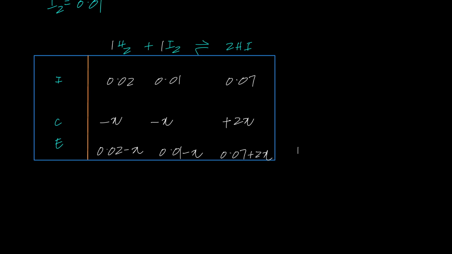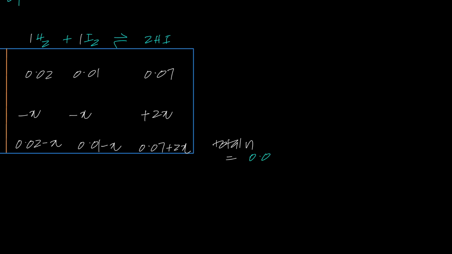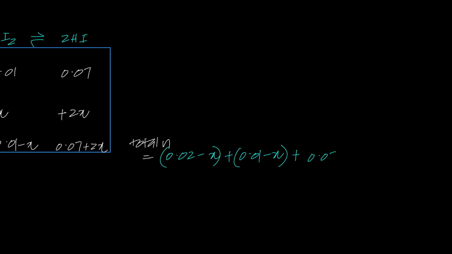How many total moles do you have? Don't worry. Just keep on doing the question. Don't lower your weapons. You know the method. You'll reach somewhere. I promise you would. How do you figure out total moles? 0.02 minus x plus 0.01 minus x plus 0.07 plus 2x.